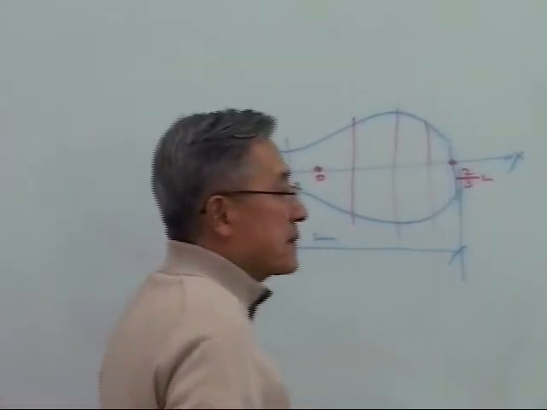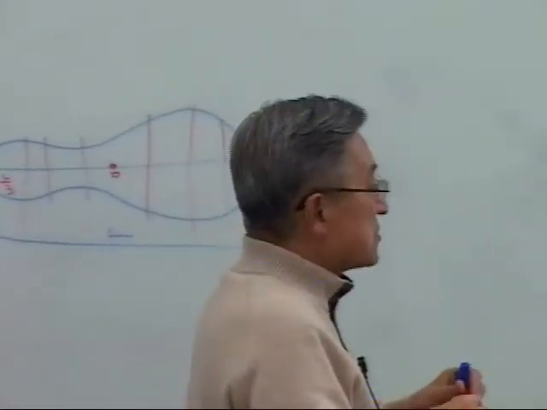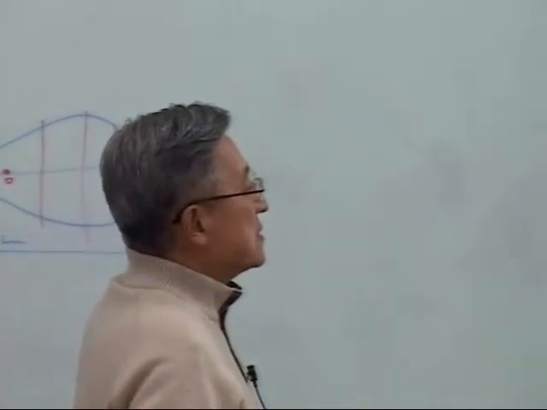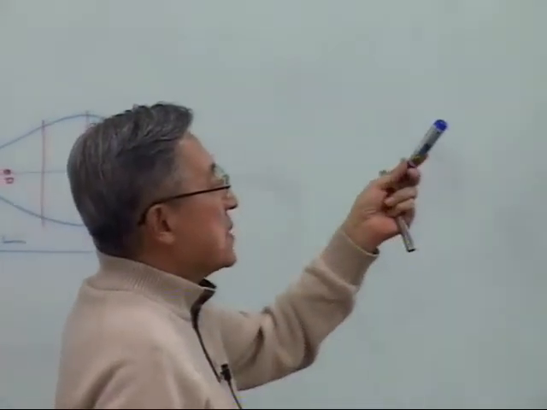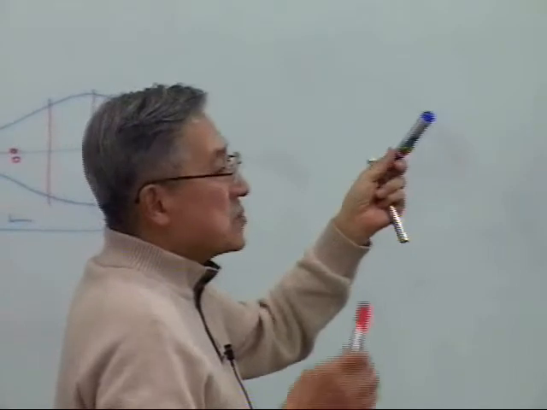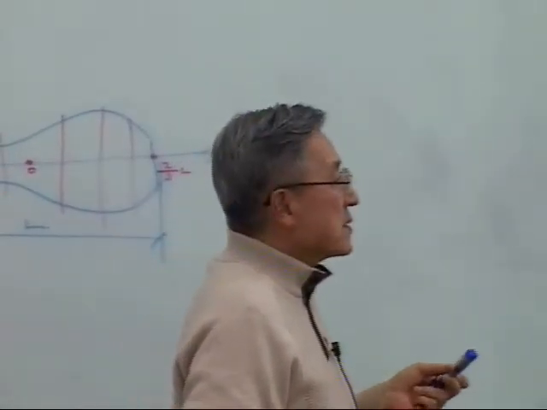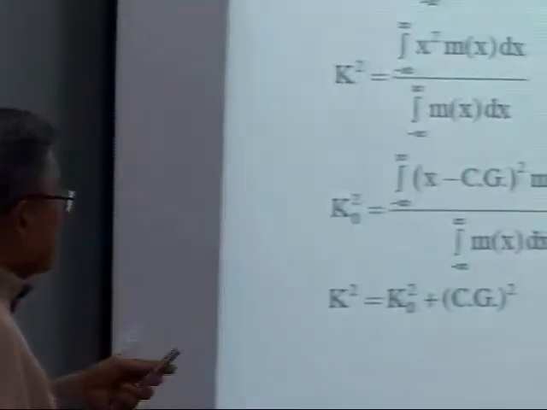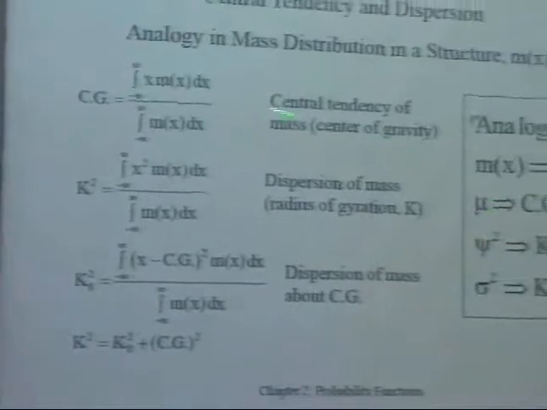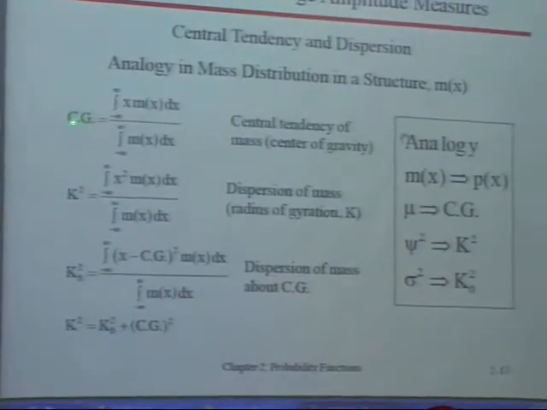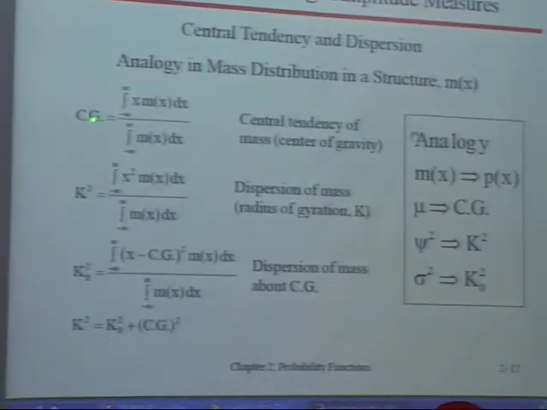Then the center of gravity is the integral of x times m(x) over just the total weight itself, right? And this CG is the mu, the mean.